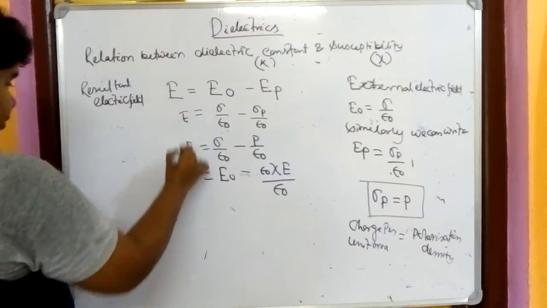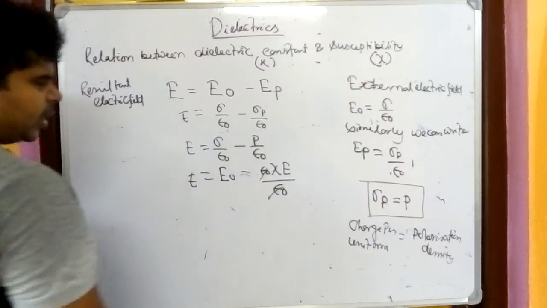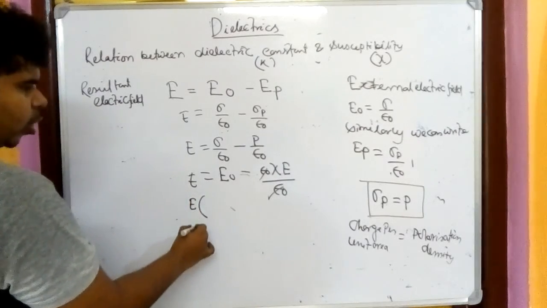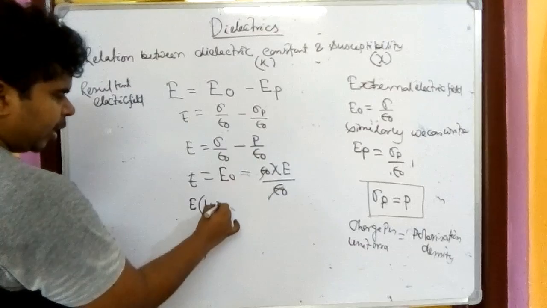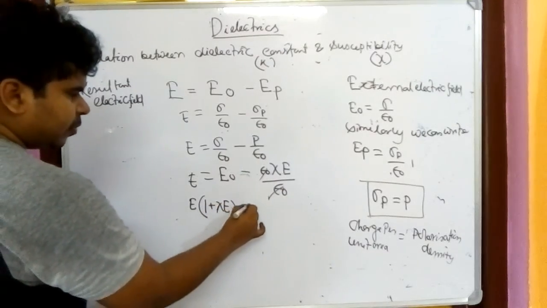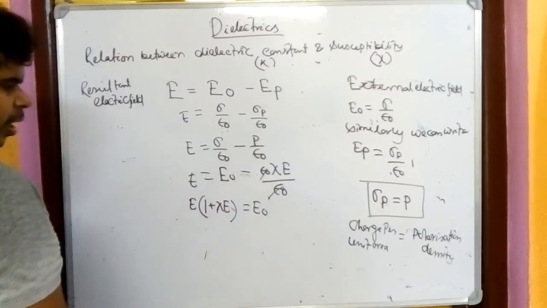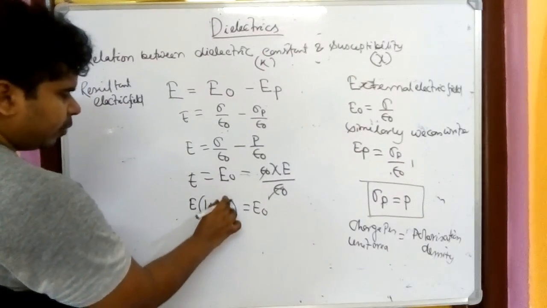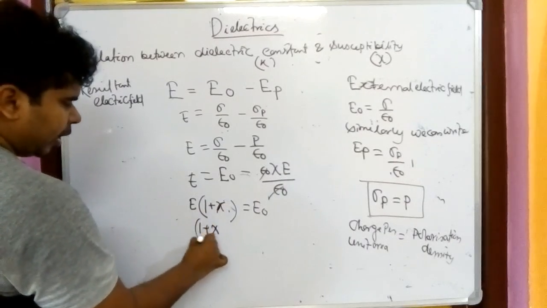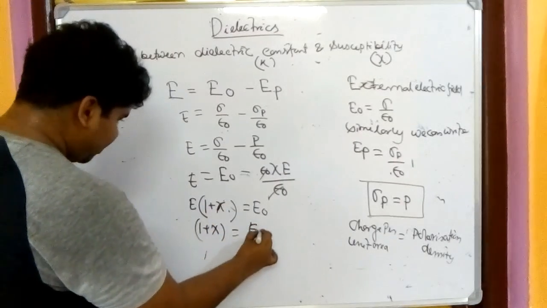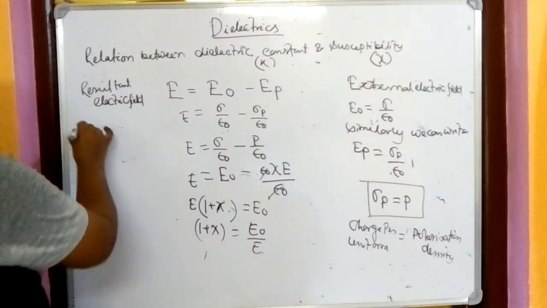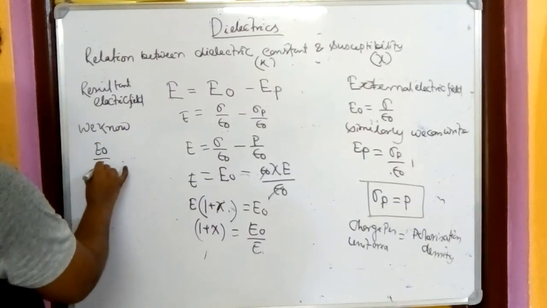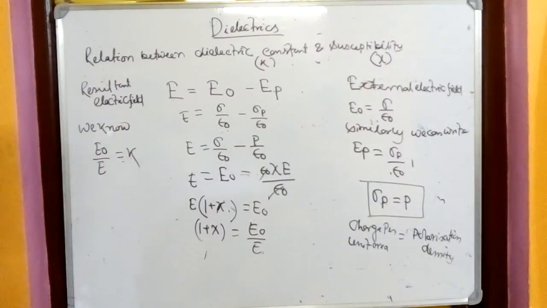Now epsilon naught cancels out. Here if you take E common, 1 plus chi into E equals E naught, so 1 plus chi equals E naught by E, and we know E naught by E equals K, that is the dielectric constant.